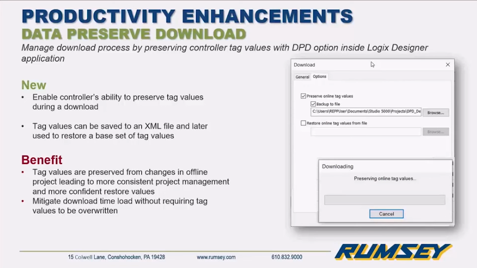Now, you can probably pull the uploads in and do everything else, but this is designed around setting up a list of tags. So anytime you want to download to the controller, you don't need to remember to upload, or wonder did I get the latest values. This takes that out of the equation.